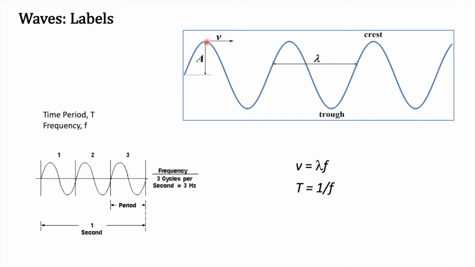If you know the frequency f and the wavelength lambda of this wave, you can calculate the velocity v as lambda times f. The time period is the time taken by the wave to make one complete cycle, and frequency and time period are related by an inverse relation. The time period T is 1 over f, or frequency is 1 over T.